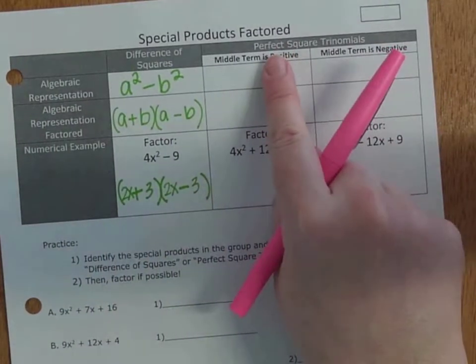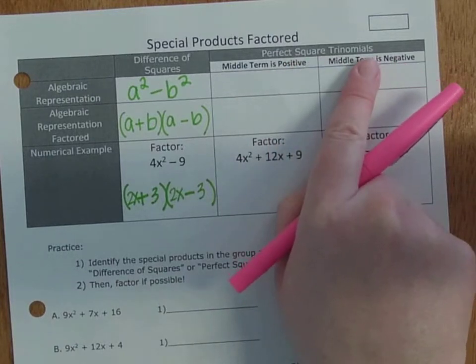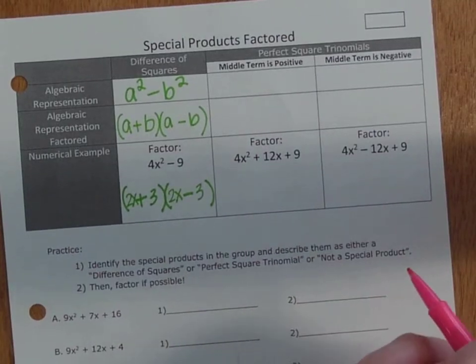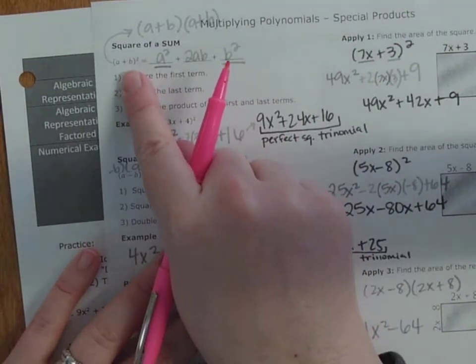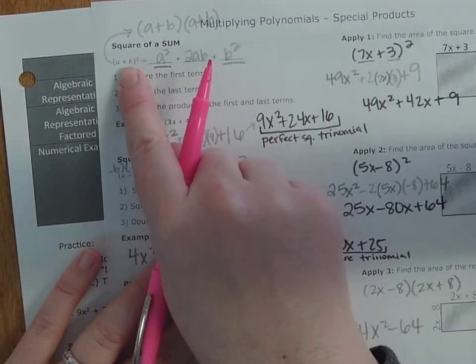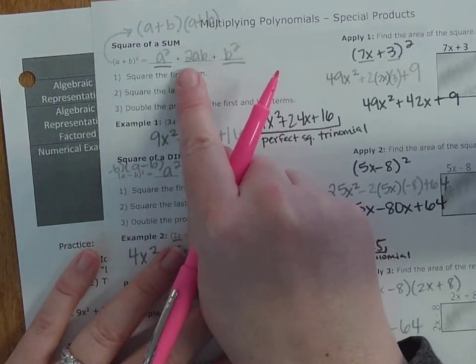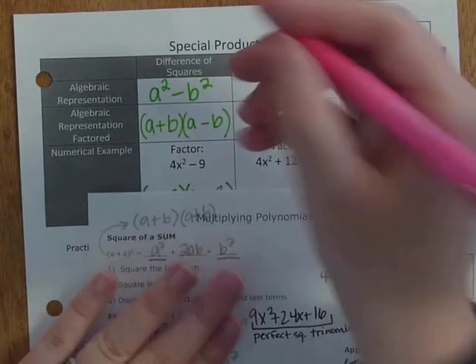Now we have a special case where we will see a perfect square trinomial. Remember, our perfect square trinomial pattern is the result from when we had a square of a sum. A plus b squared resulted in a squared plus 2 times a times b plus b squared.